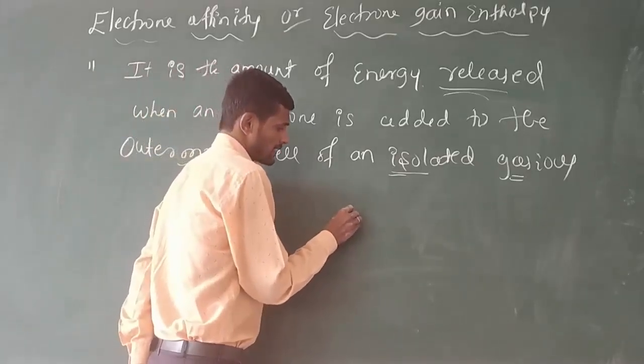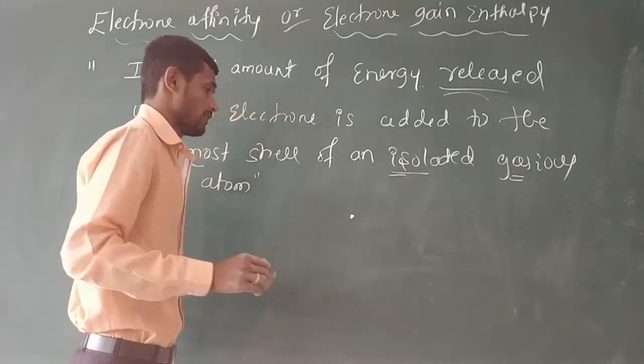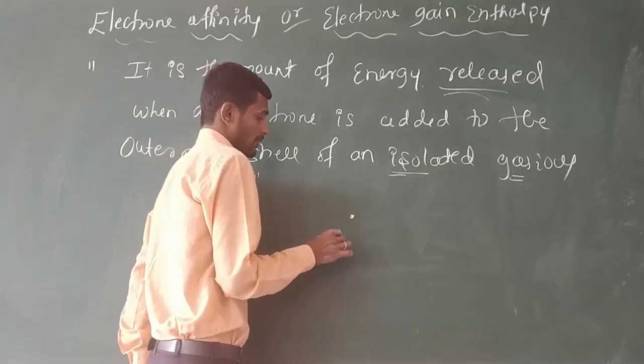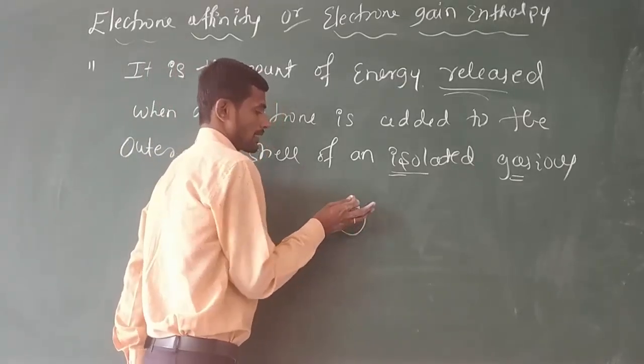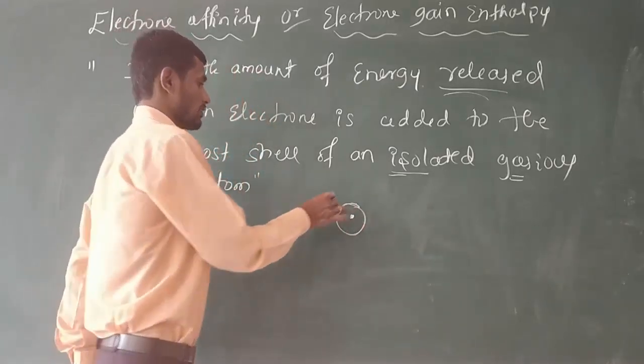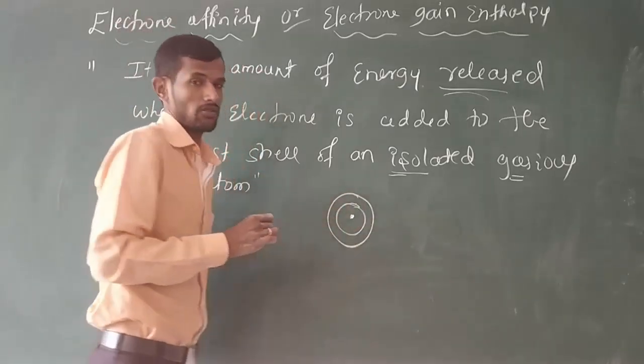Students, consider this one. We know in an atom, the nucleus is present with a number of electrons. In the first shell, there are 2 electrons. In the second shell, there are 8 electrons.